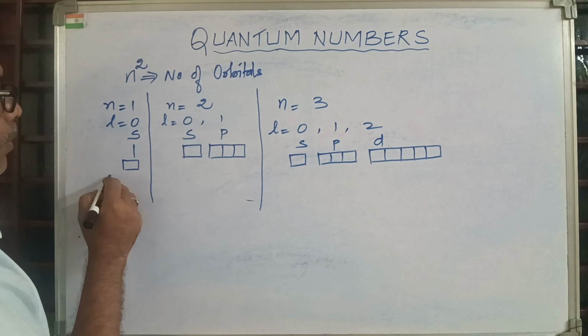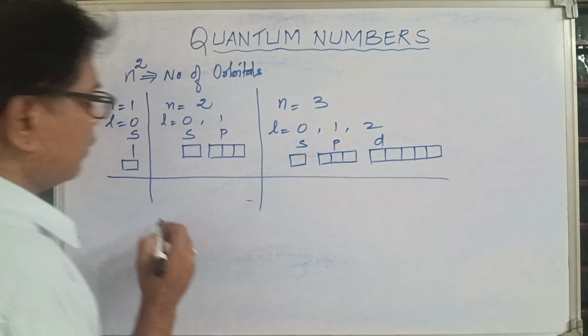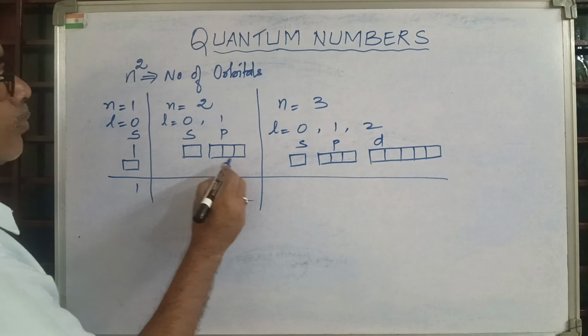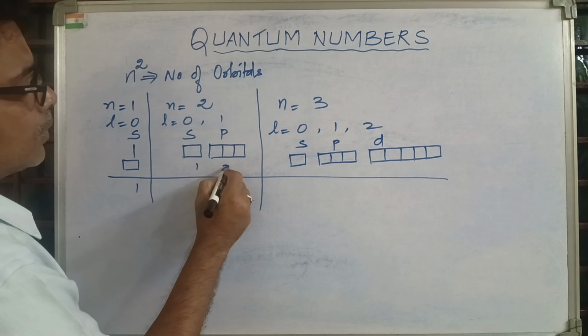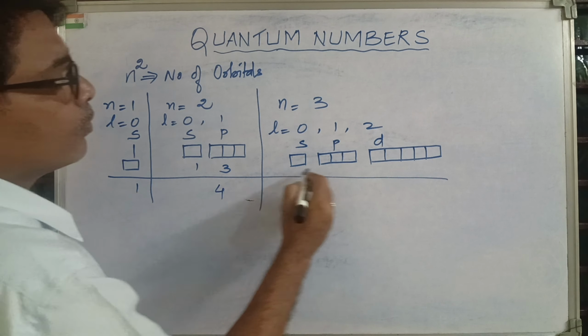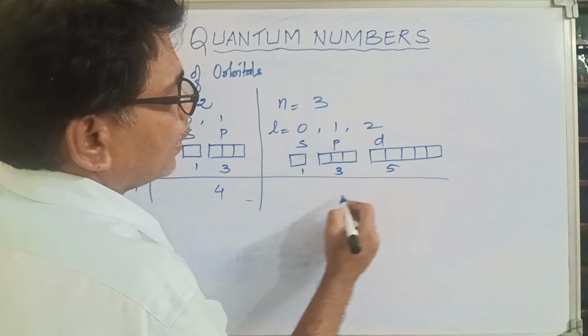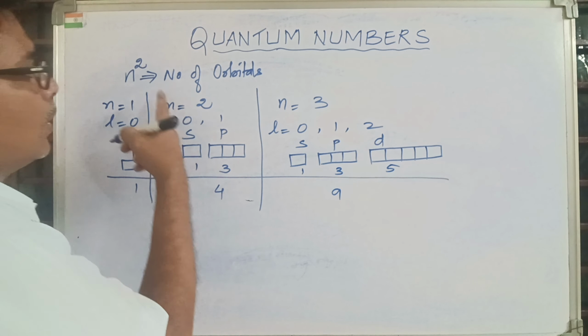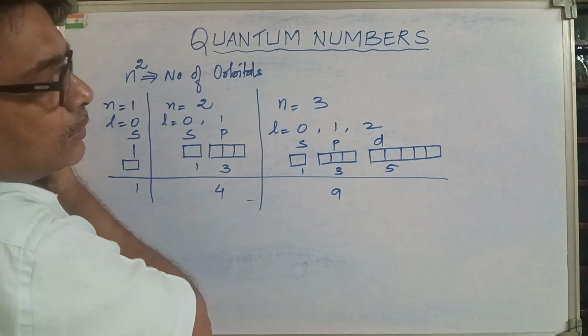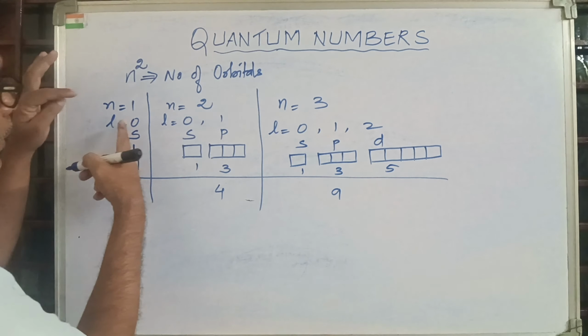So here the total number of degenerate orbitals is 1. Here the total number of degenerate orbitals is 4. Here the total number of degenerate orbitals is 9.